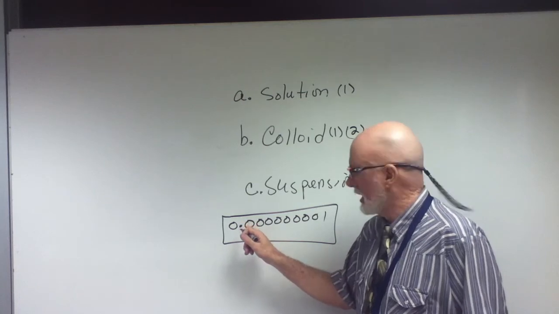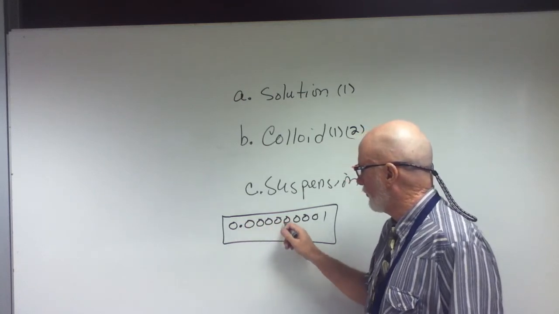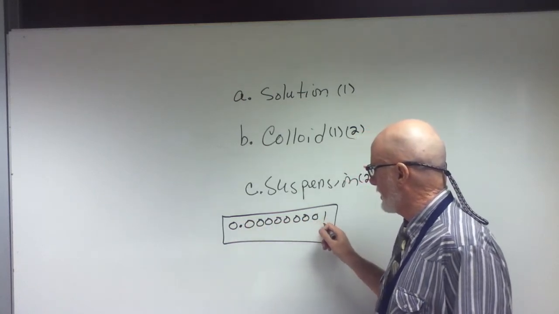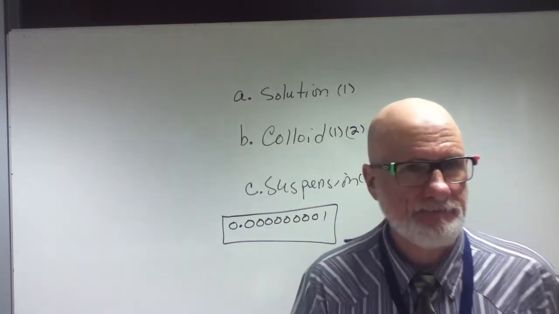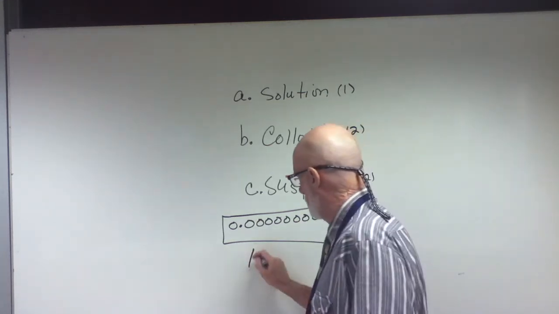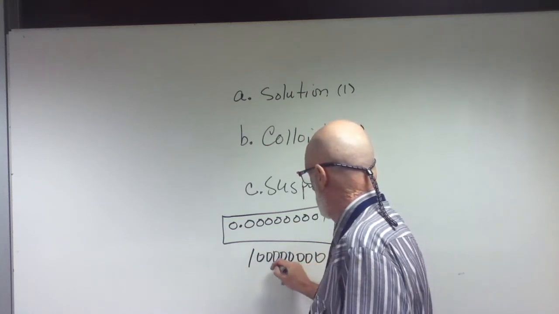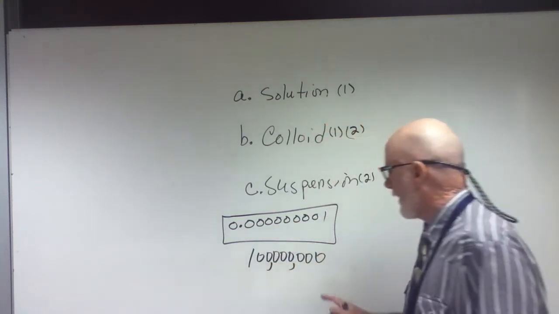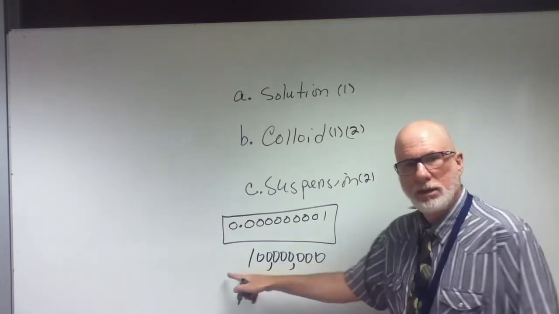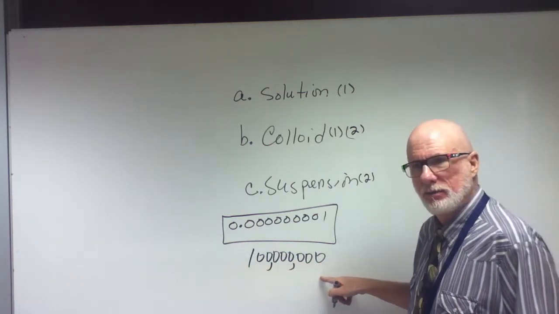So 1, 2, 3, 4, 5, 6, 7, 8, 9. There are a billion nanometers in a meter.